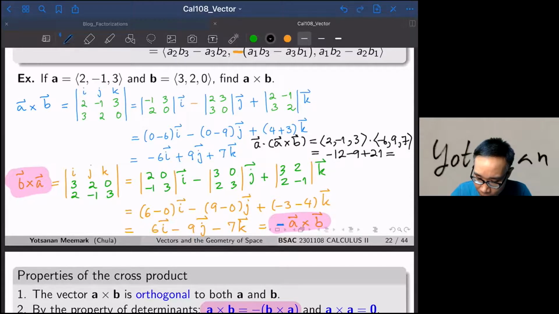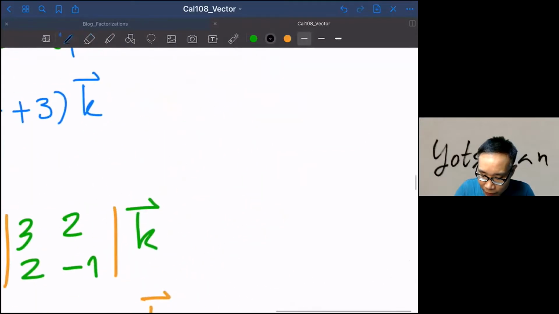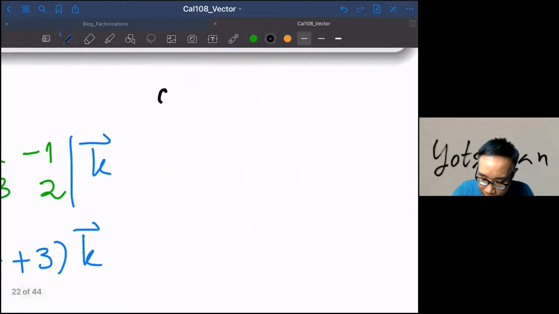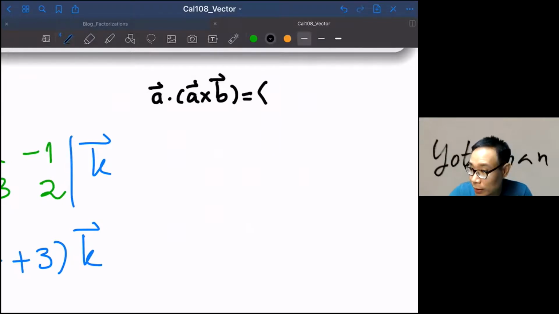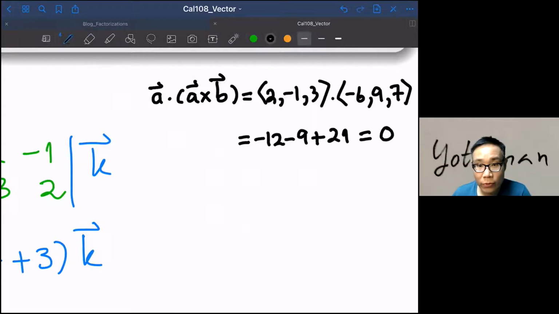I want everything written, so I need some space. Let's write it again. So I have A dot (A cross B) as (2, -1, 3) dot (-6, 9, 7), which turns out to be -12 minus 9 plus 21 equal to 0.